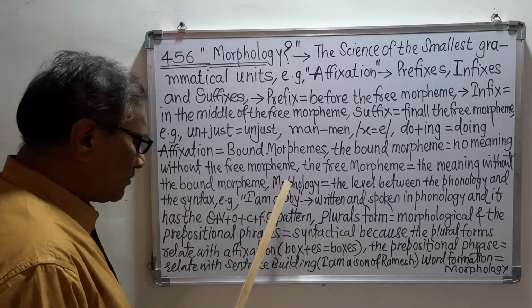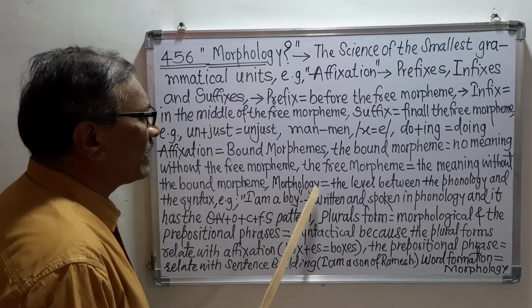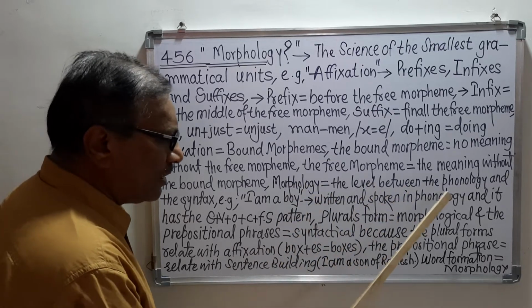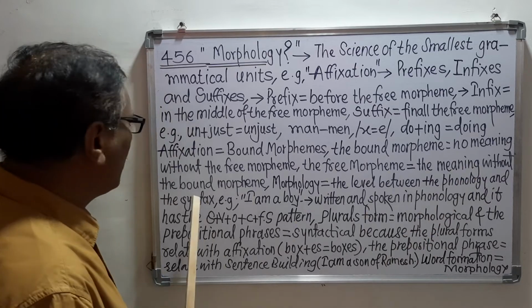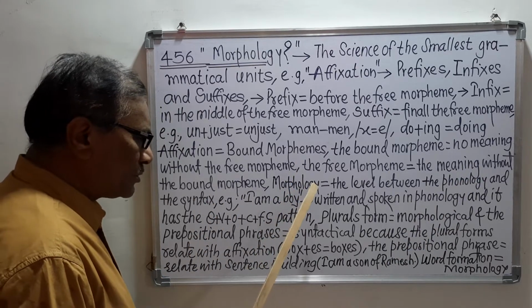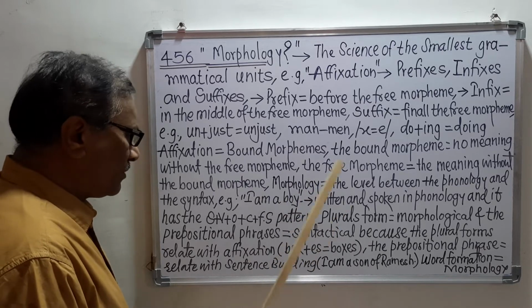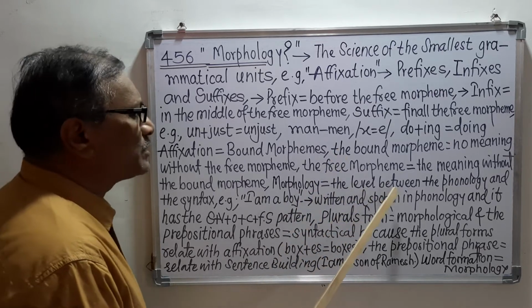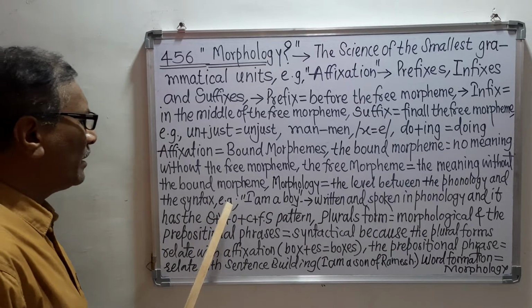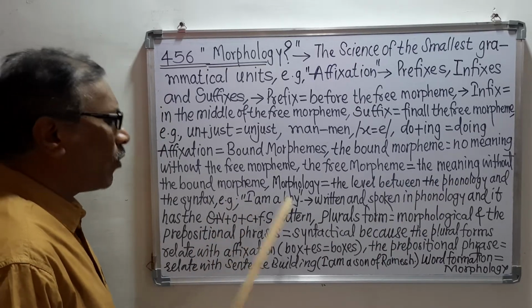Morphology. When we discuss morphology, we can say that morphology is the level between the phonology and the syntax. So remember, morphology is the particular level which is between the phonology and the syntax. For example, I will say, I am a boy.